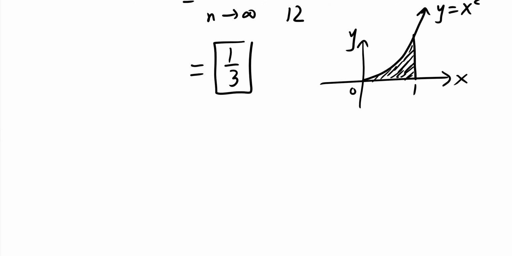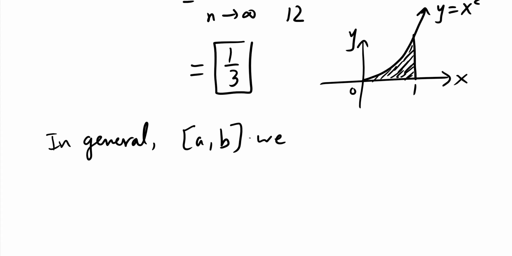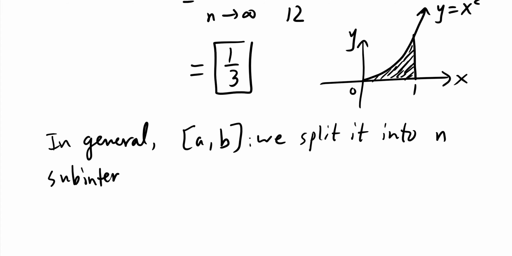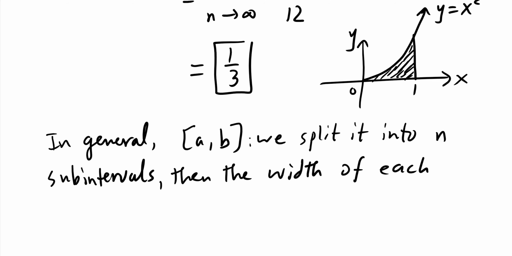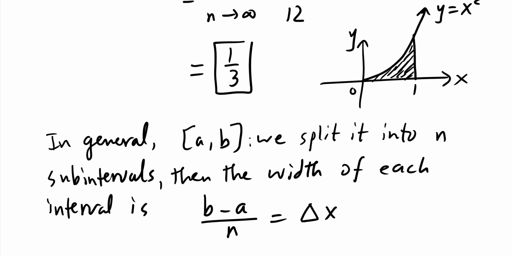So, the general case. In general, if we have an interval a to b, we split it into n subintervals. Then the width of each subinterval is always b minus a over n, and we're going to call this delta x.